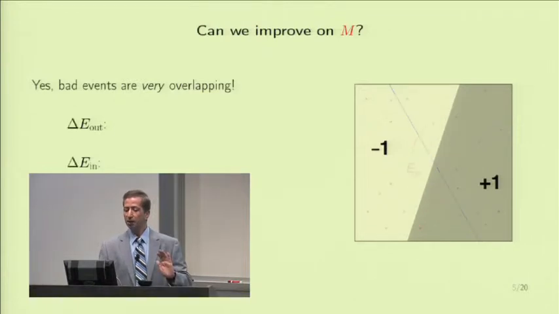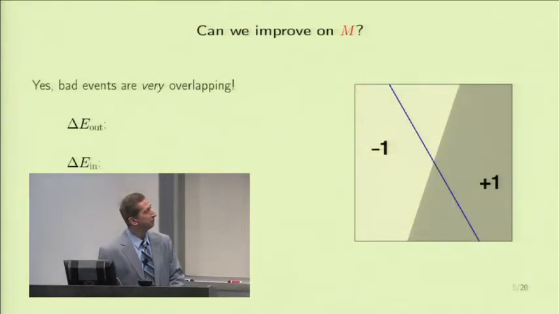Now in words, you look at what is the change in E in and E out when you change your hypothesis. So here's your first hypothesis. Now take another perceptron. You probably already suspect that this is hugely overlapping. Whatever you are talking about, it must be overlapping because they're so close to each other.